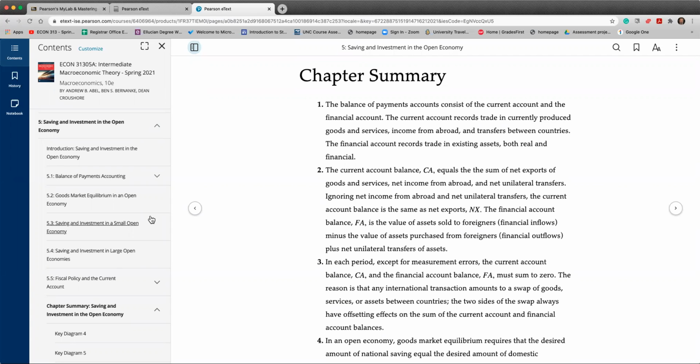We can think about the things that cause curves to shift in the goods market that we looked at in chapter 4. And we can put those together to talk about what impact those kinds of shifts have, not just on domestic investment and saving in the real world, in the real interest rate, but now we can also talk about how it affects our current account balance.